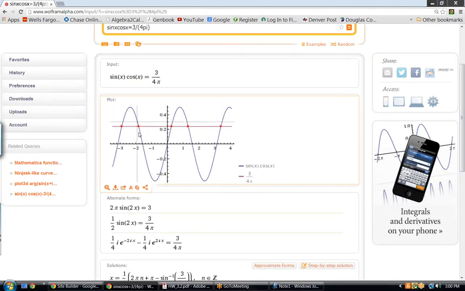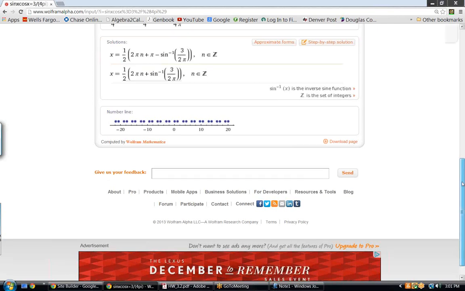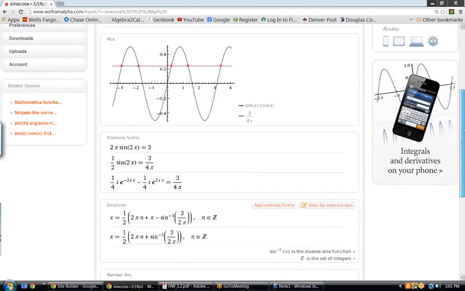There's the functions, notice. There's the sine times the cosine, and there's 3 over 4 pi. So wherever those two graphs intersect, those are my solutions. It looks like minus 3, well, whatever that number is. It shows me my zeros at the bottom there. Where are they? Solutions. Oh, they give them to us in that nice format. This is confusing.